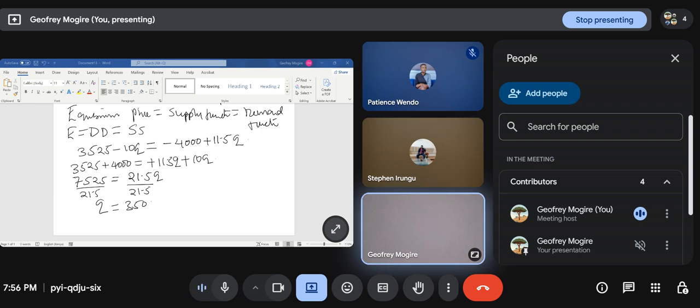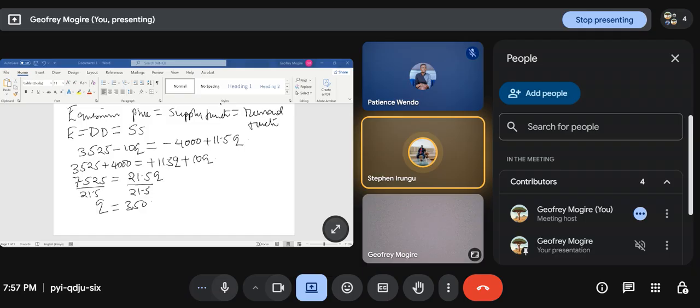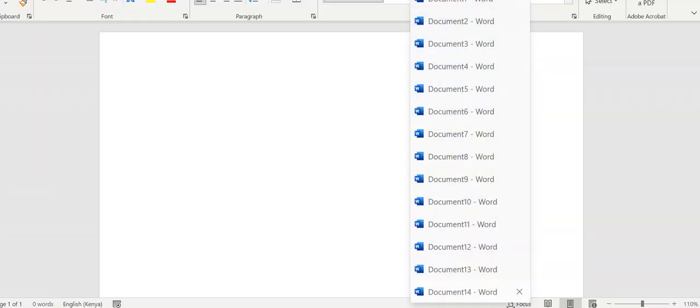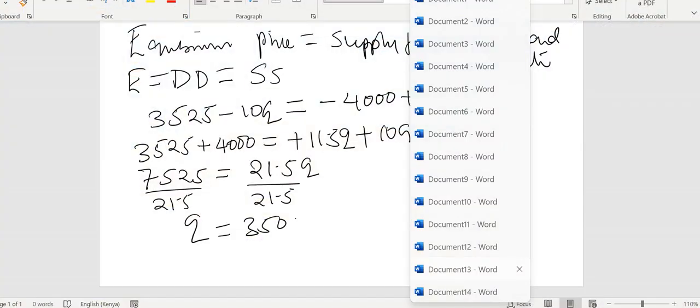The one for negative 4,000? Yeah. The first one that we got is a positive gradient, so it was a supply function. Now, in which example did you get the demand function? The demand function, remember, let me share the last part. I don't know if it will allow me.